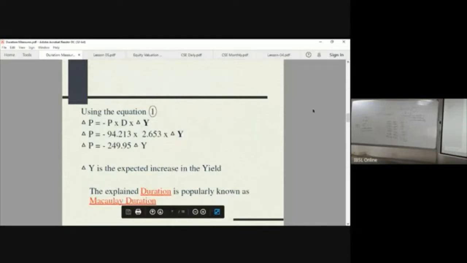Okay, now I am just asking this. Say there's a 1% increase in interest rate. What would be the price change? You can make use of that equation and do that. What is the change in price if there's a 1% interest rate increase?